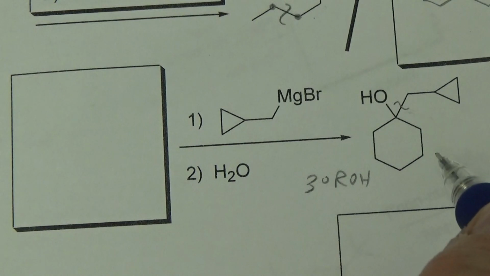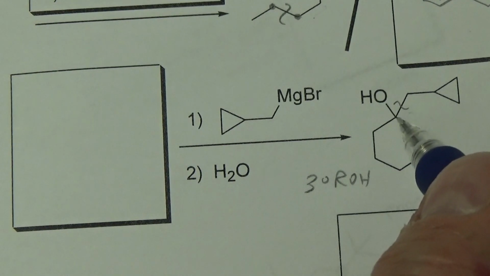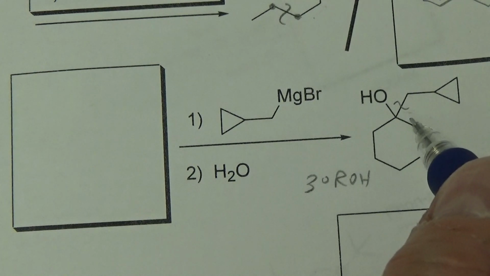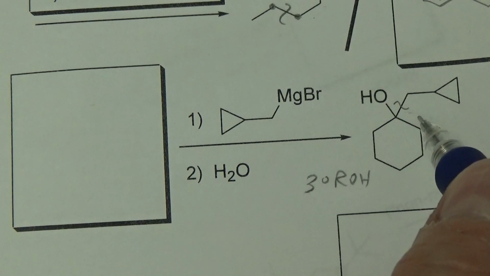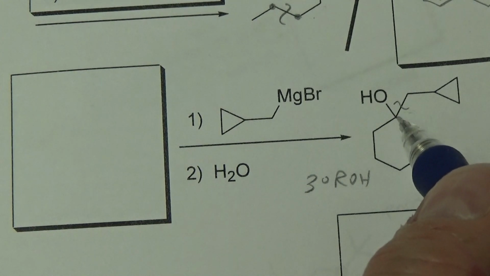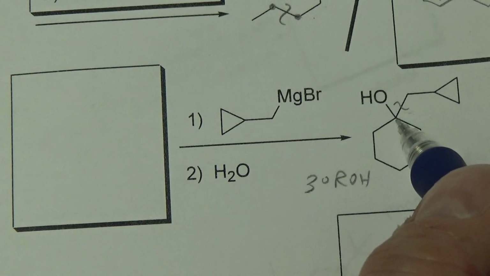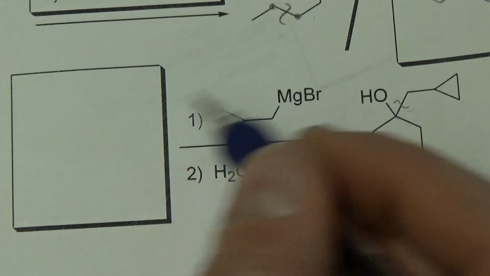And it's a tertiary alcohol, and the squiggly is right next to the carbon with the oxygen, so it's either a ketone or an epoxide, and it's going to be a ketone. Because the squiggly is right next door, I mean adjacent, to where the OH is. So what do I draw here?